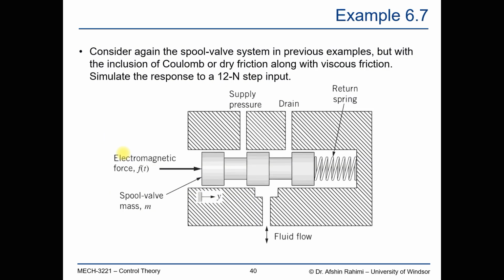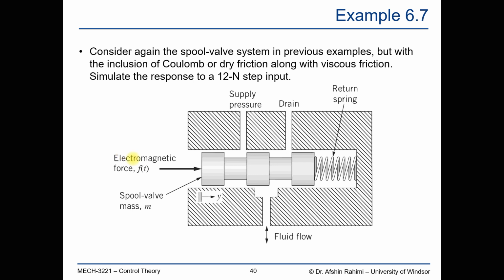So consider again the spool valve system in the examples we looked at, but with the inclusion of the Coulomb or dry friction. We mentioned before that the Coulomb or dry friction will add nonlinearity to our system equations, along with viscous friction. Simulate the response to a 12 Newton step input.